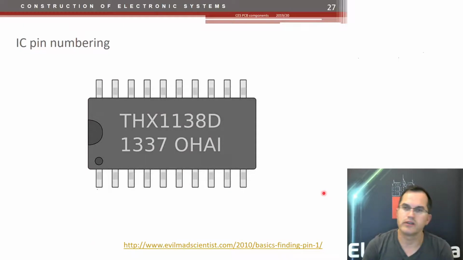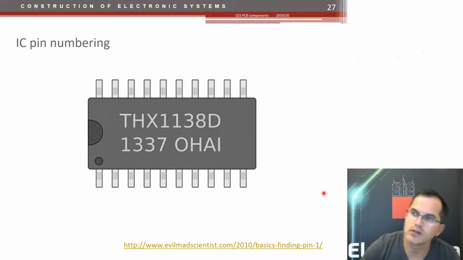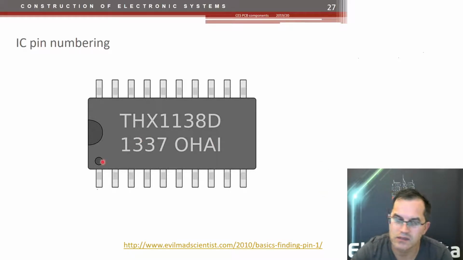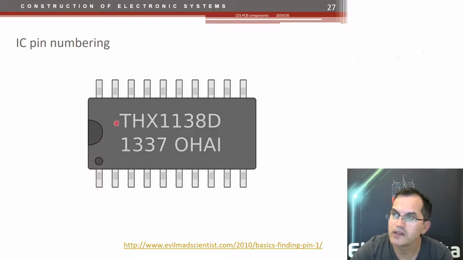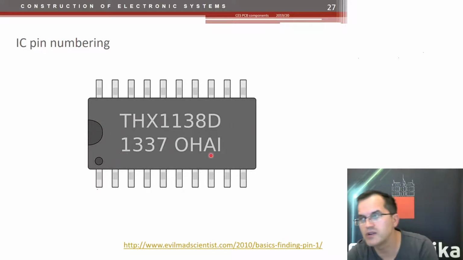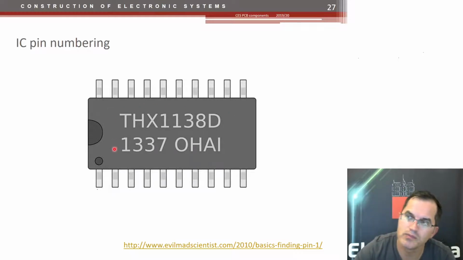What about pin numbering? Well, you have to find the bottom left, and usually the bottom left is marked with a certain mark, like for example here with this hole, or the left side is marked with this indentation. Usually the print is oriented so that you read it correctly if the bottom left is directly at the bottom left.